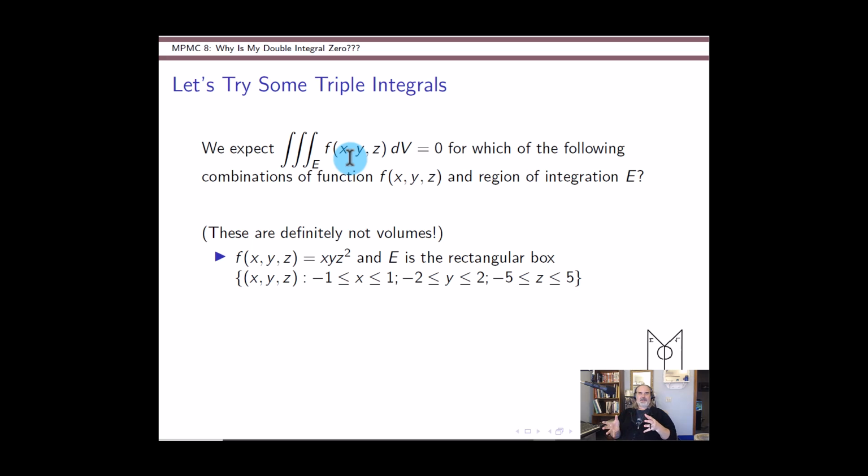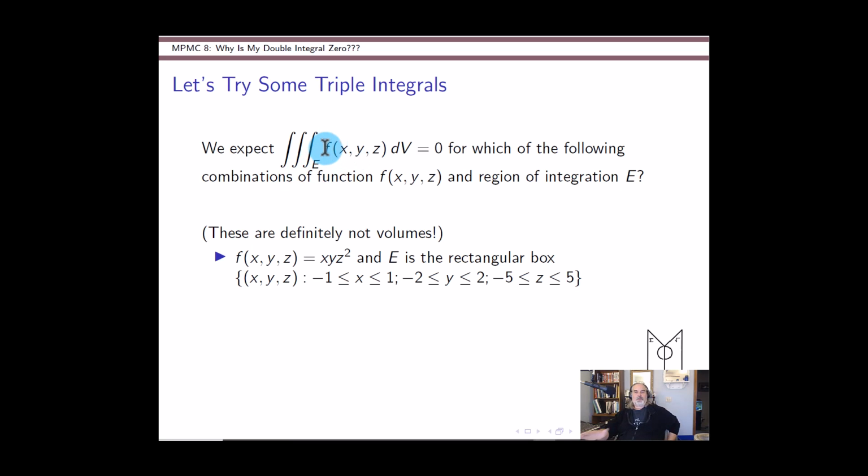Double integrals are volumes under a function or under a surface, which could be positive from above the xy plane, negative from below the xy plane, right? Triple integrals, unless we're integrating one specific function, we're not calculating volume anymore. I don't even know what we're calculating, right? It would be a 4-dimensional quantity.